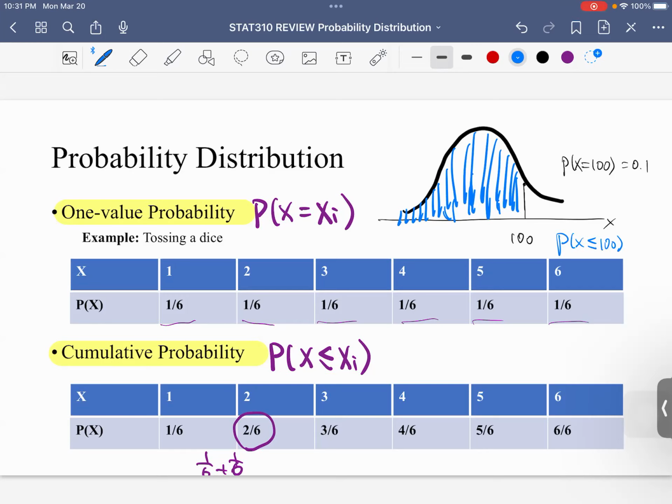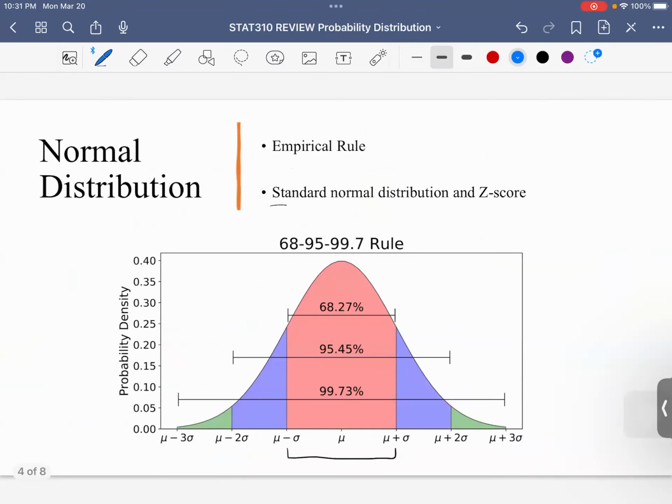So keep that in mind, and the most important thing in this chapter is the normal distribution. When you talk about normal distribution, one of the first things that comes to mind is that it is symmetric.